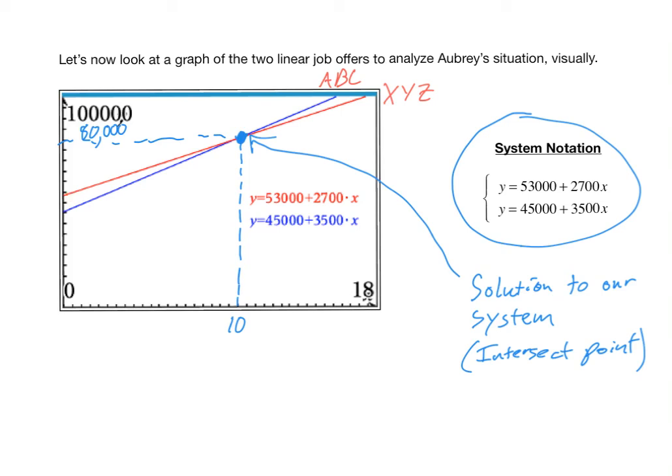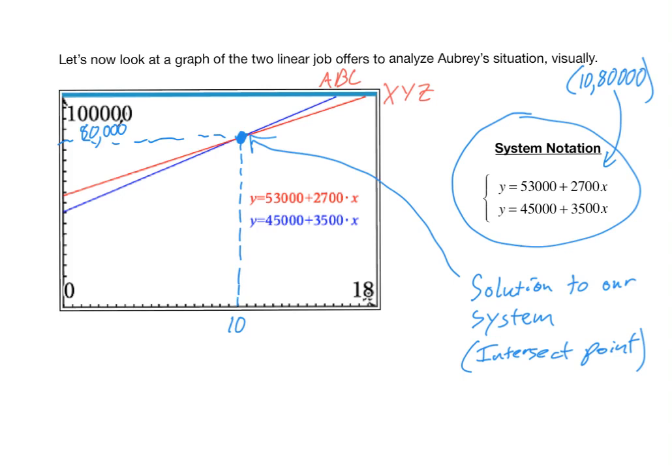When she works more than 10 years, she'd make more money with ABC because the blue line is higher there. So it's really dependent on understanding this point where they intersect. That is why we call the intersection point the solution to the system. So this system right here, y equals 53,000 plus 2,700x, along with y equals 45,000 plus 3,500x, specifically has the solution (10, 80,000).